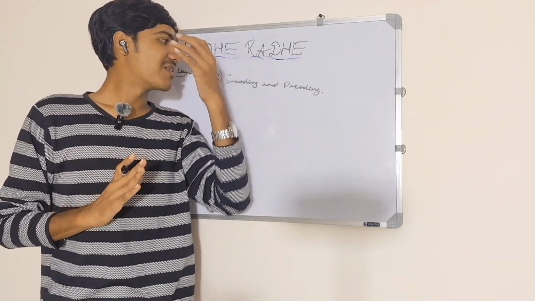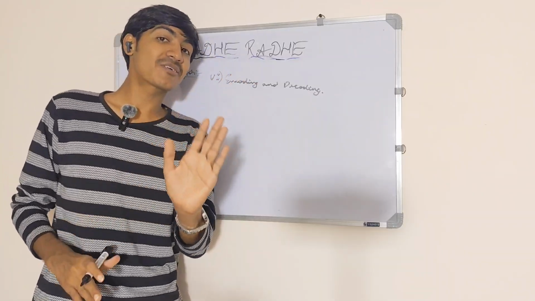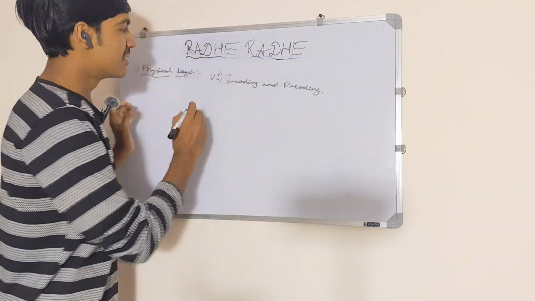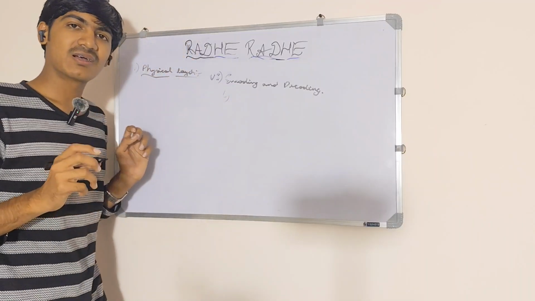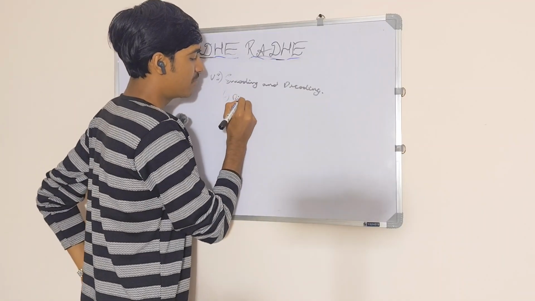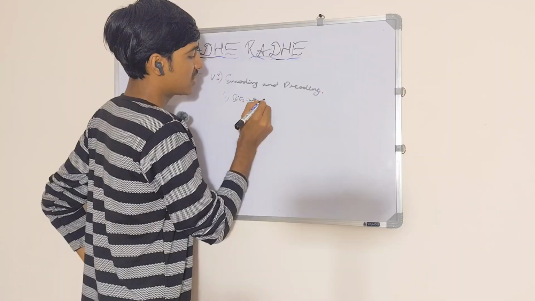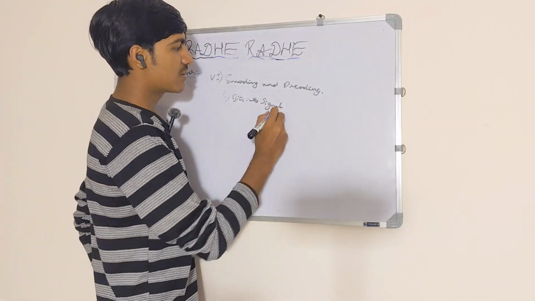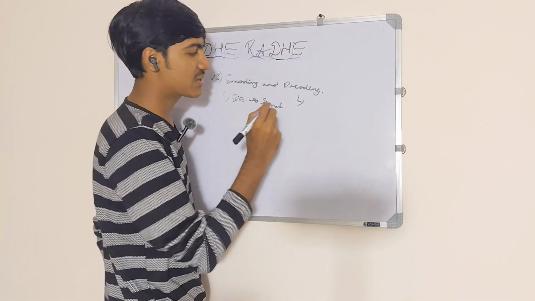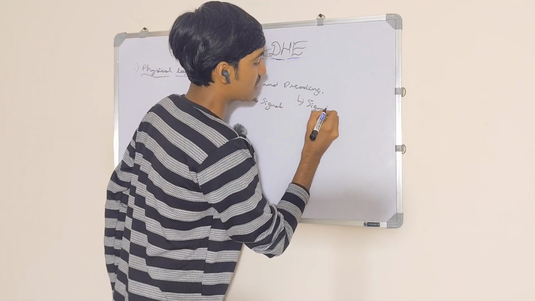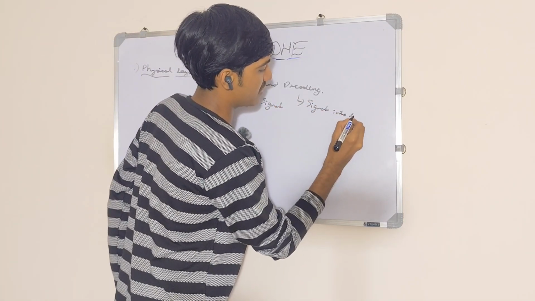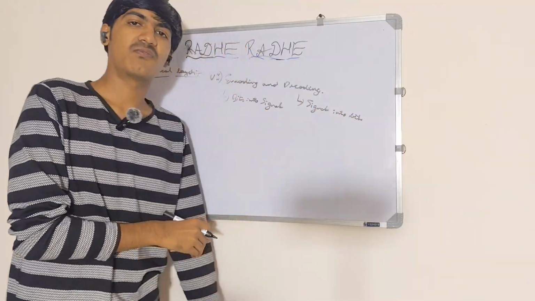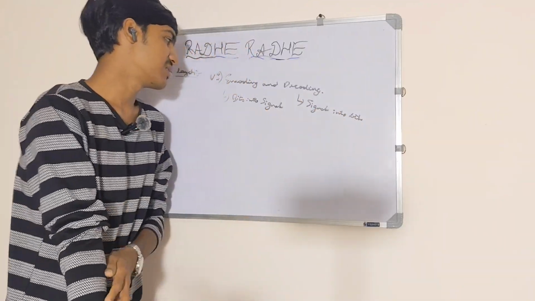Here, encoding is converting bits into signals, and decoding is converting signals into bits for the computer to understand.